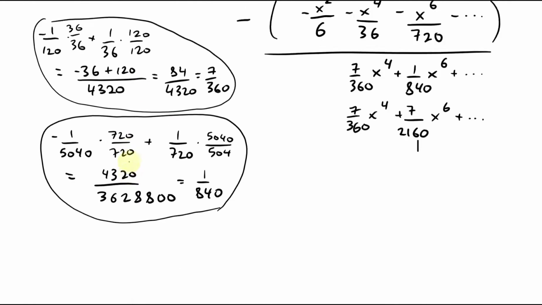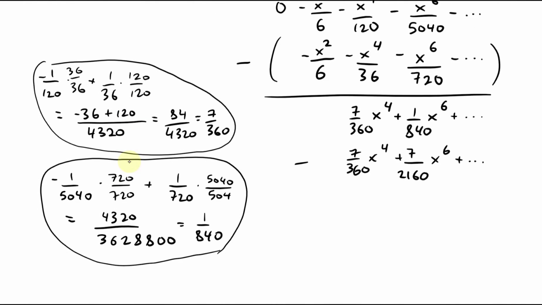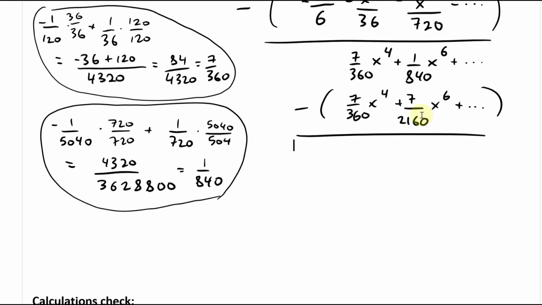Now we're going to subtract this whole thing. When we subtract, this one cancels, and we're left with this part here, x to the 6, and now we have to solve this one.